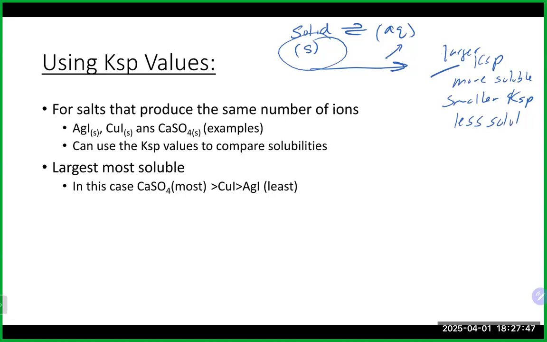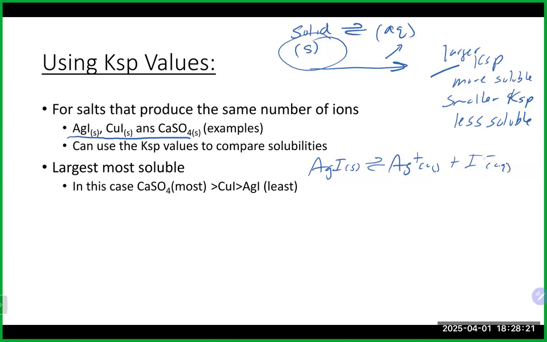Now, there is an asterisk note on that, which is you can only compare and use the Ksp values if you are comparing between compounds that basically produce the exact same number of ions. That is the only time that you can use the Ksp value to make that comparison, if those things break apart into the same number of ions. Like the example here, silver iodide will break apart into a silver ion and an iodide ion.